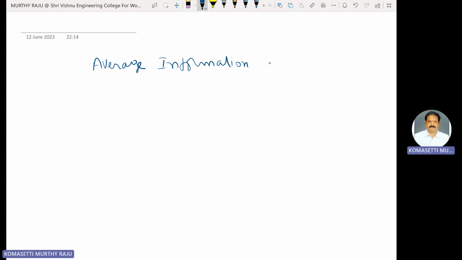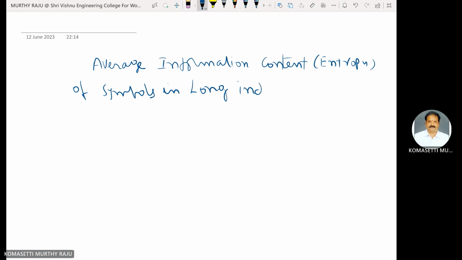The average information content, that is entropy, of symbols in long independent sequences.